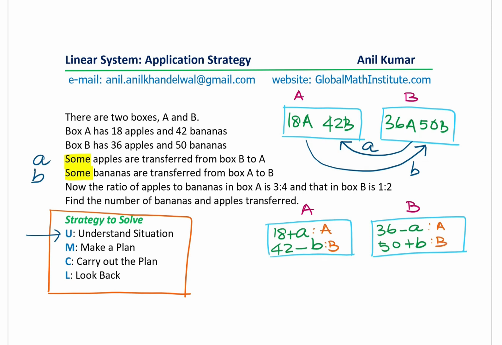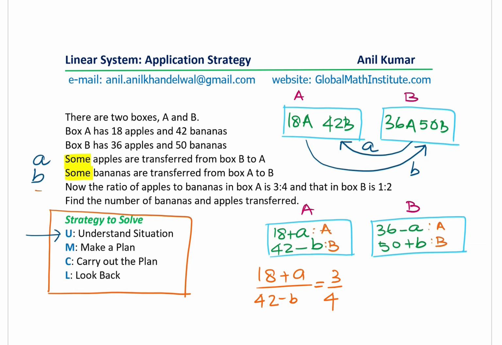Now it says the ratio of apples to bananas in box A is 3:4. That is to say that apples, 18 plus A, over bananas, which is 42 minus B, the ratio is 3:4. Does that make sense to you?